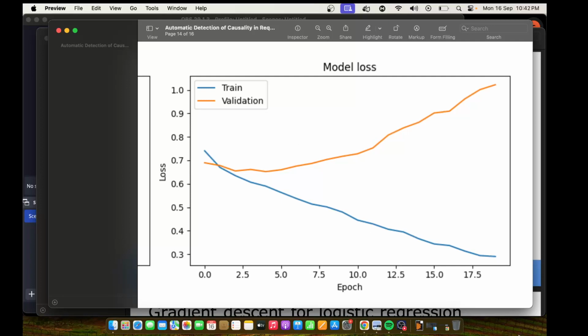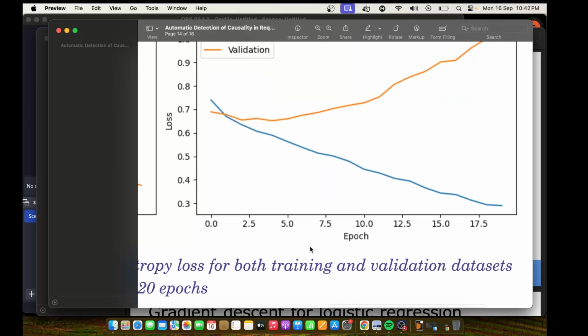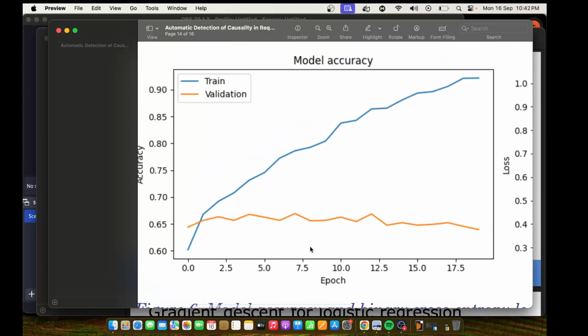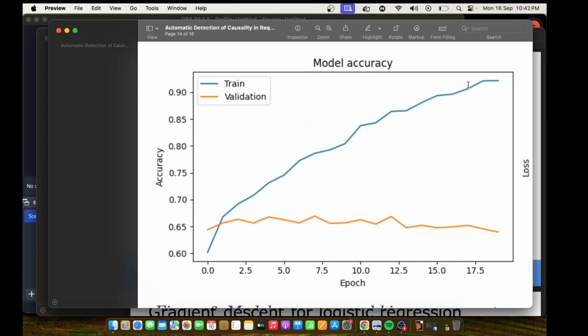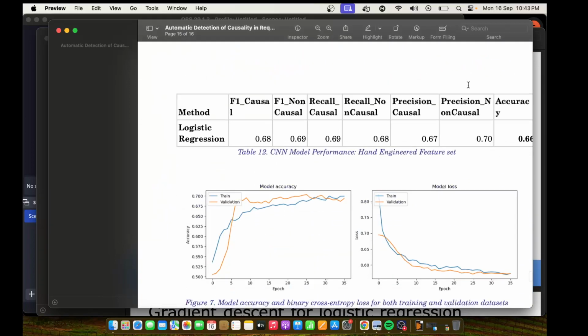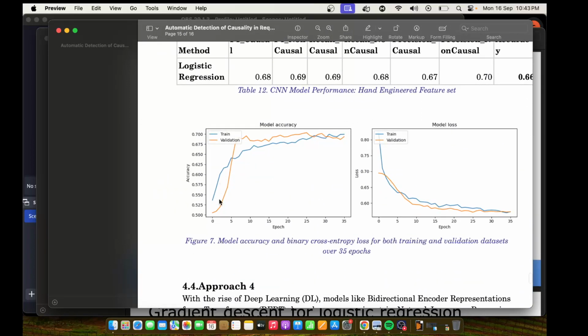So it is overfitting to the training data such that it is not able to generalize on unseen data. And you can see here that accuracy is increasing, so that's just the inverse of loss. Now in this case you can see that for both train and validation the accuracy is increasing and the loss is decreasing. So essentially the model is just fit. It is neither underfitting nor overfitting because it's able to give me good performance in both the seen as well as unseen data.